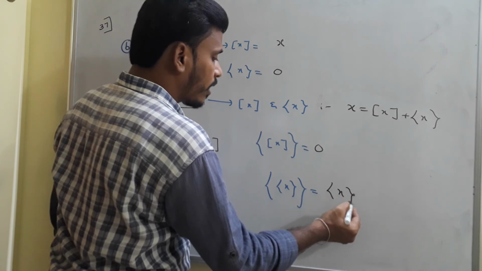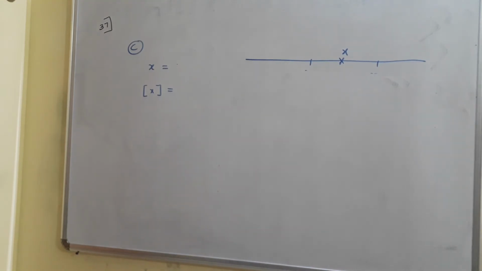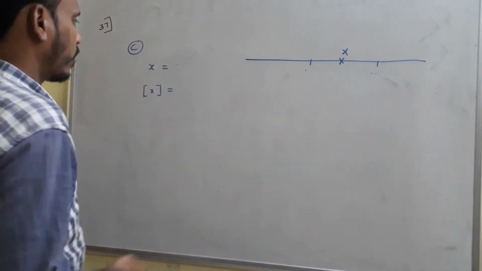So the answer is again fractional part of x. Just have a look. All these conclusions we make by observing some examples. By thinking of some examples, we decide these laws of step function and fractional part of x. Have a look.